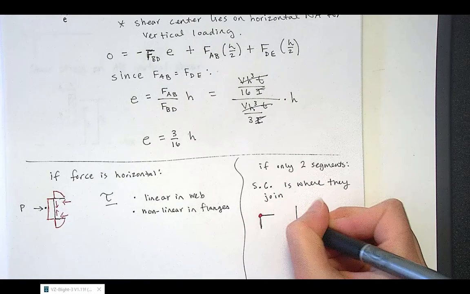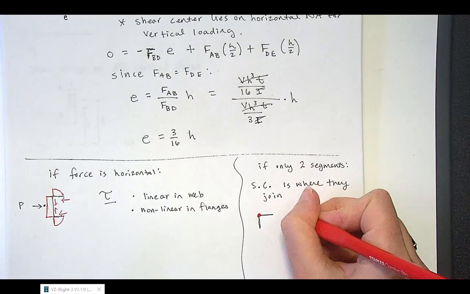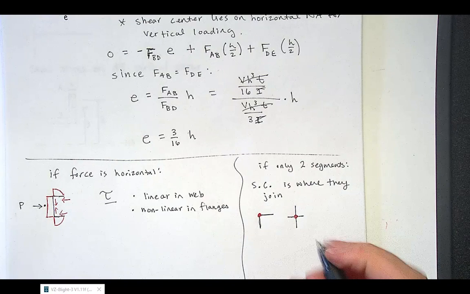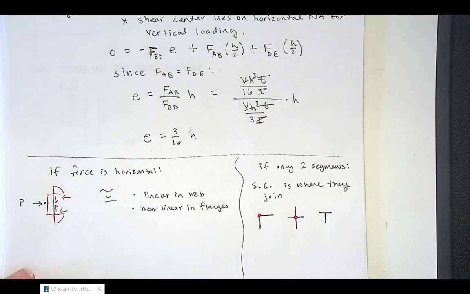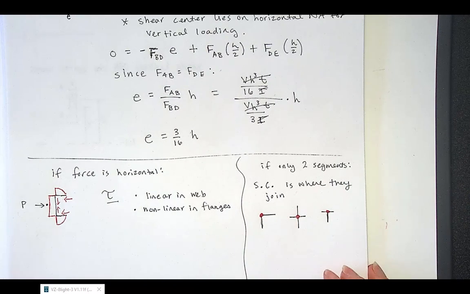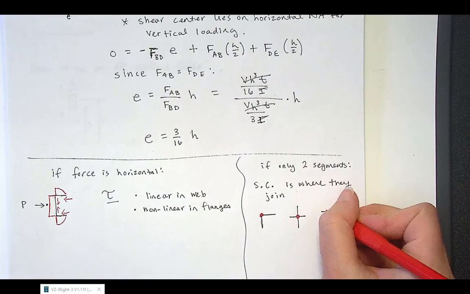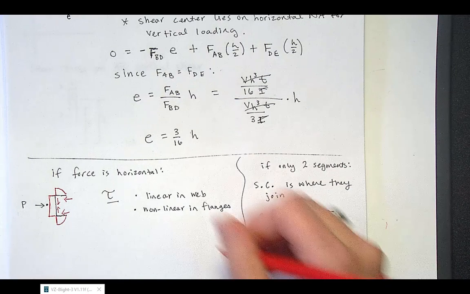And if you have a cross shape, the shear center is at that junction. A T shape, that junction as well. And that applies to any orientation of these as well.